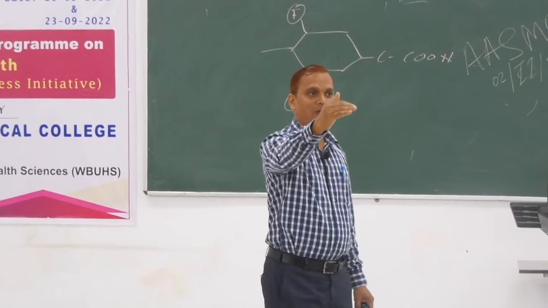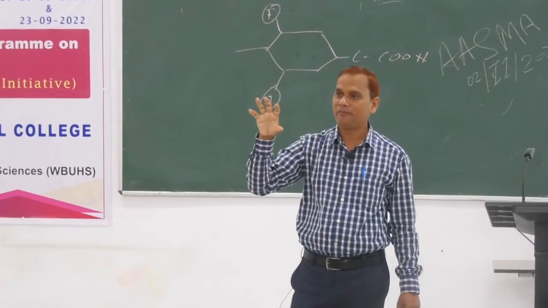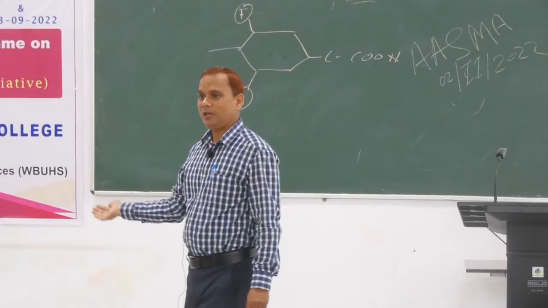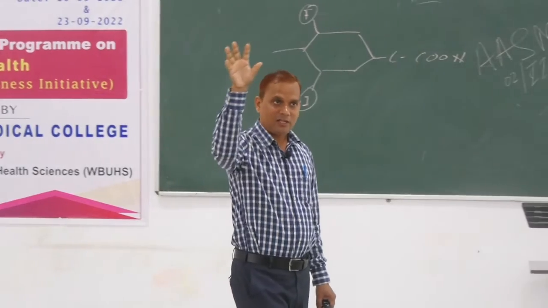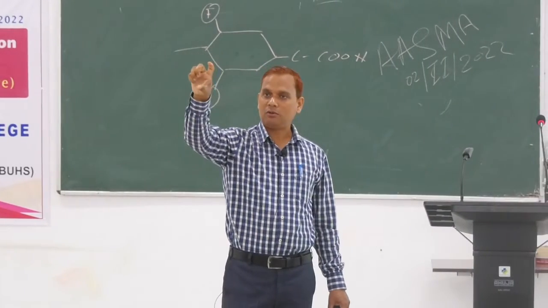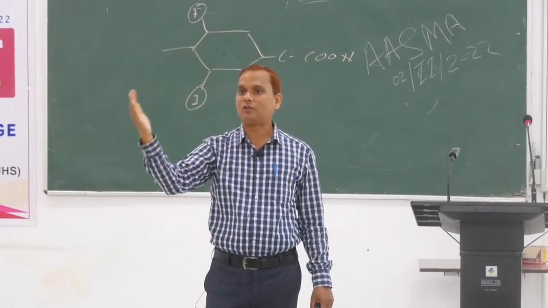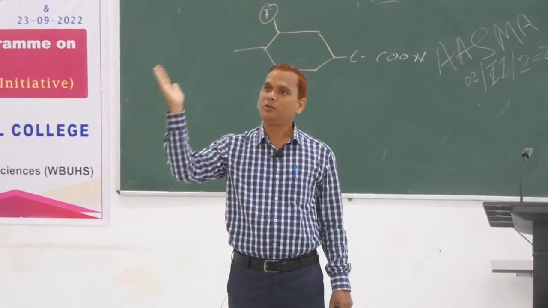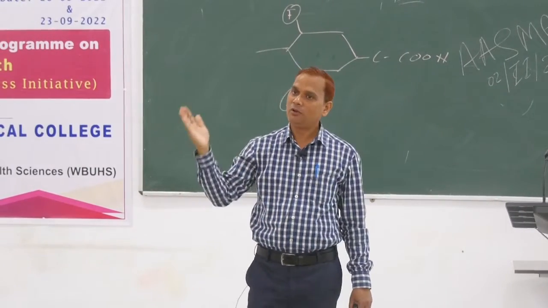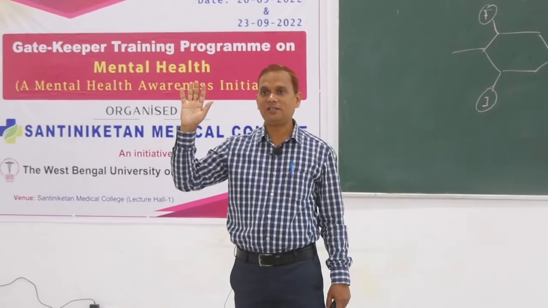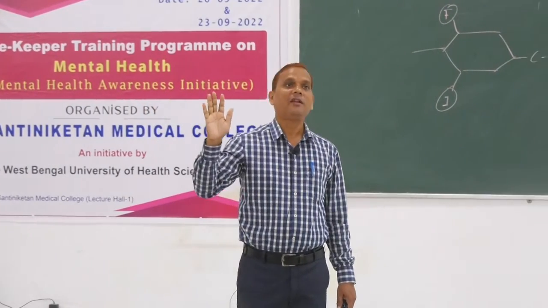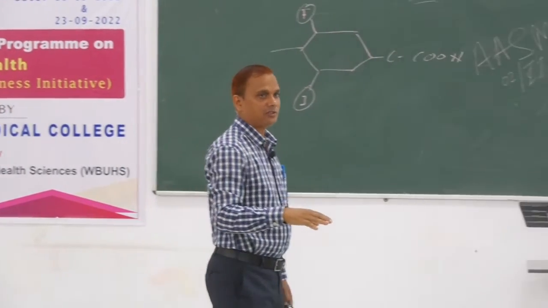What will happen? Now the tRNA will be empty. That will be released. And what will happen? The tRNA with two amino acids bound by a peptide bond will be transferred from the A site to the P site. That is called translocation.